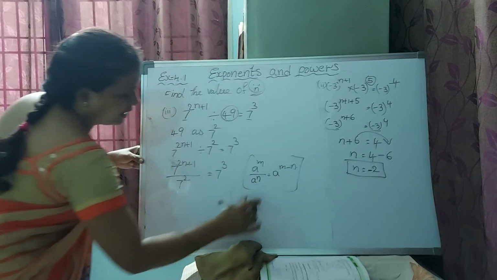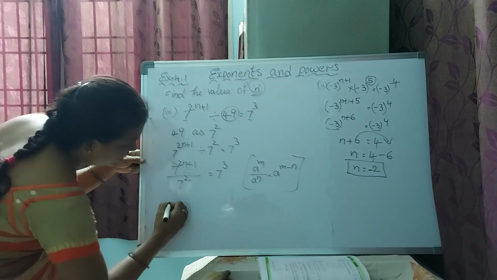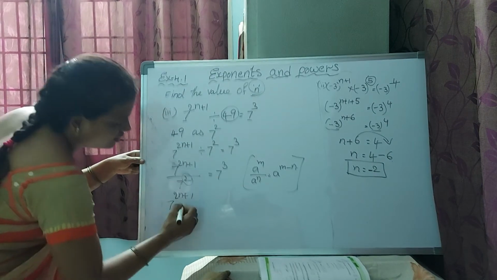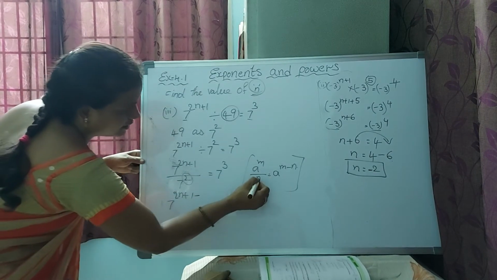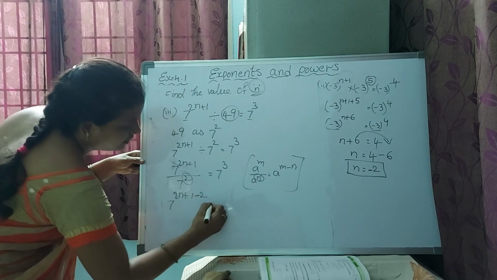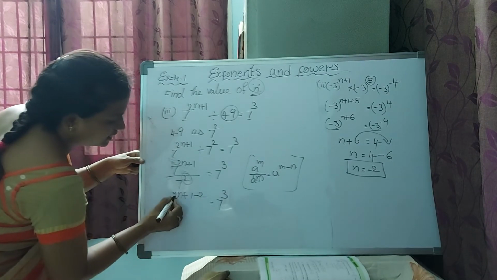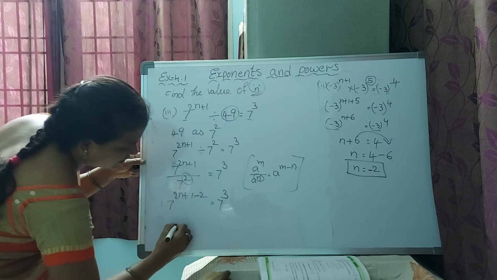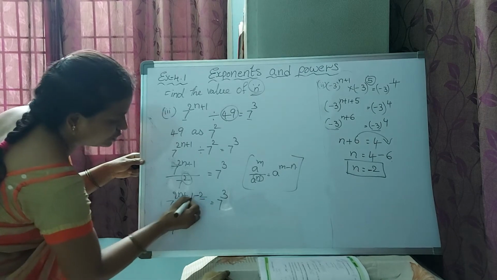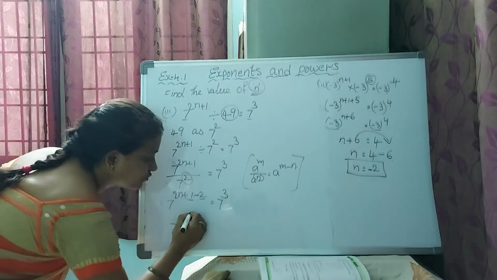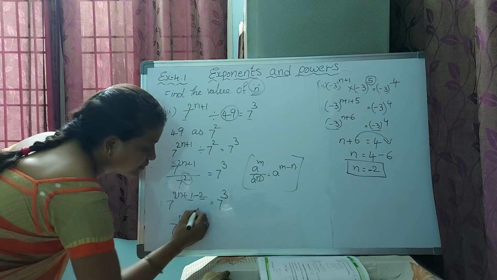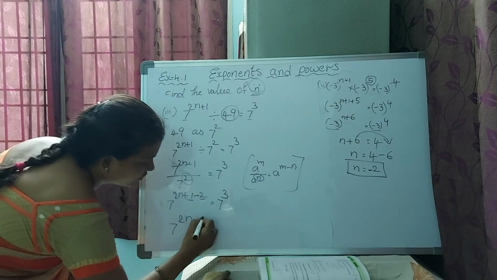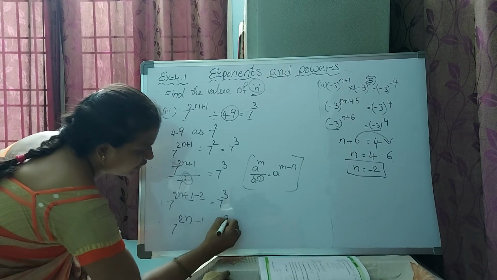According to this law, 7^(2n+1−2) is equal to 7^3. Constant terms: 2n + 1 − 2, subtraction, before the bigger number a minus symbol is there, so minus 1. So 7^(2n−1) is equal to 7^3.